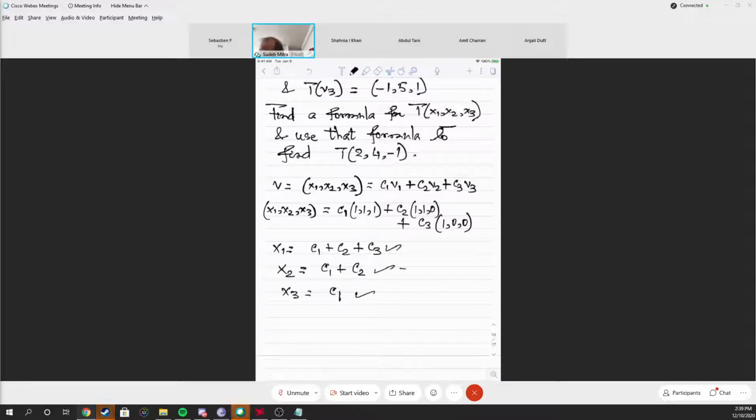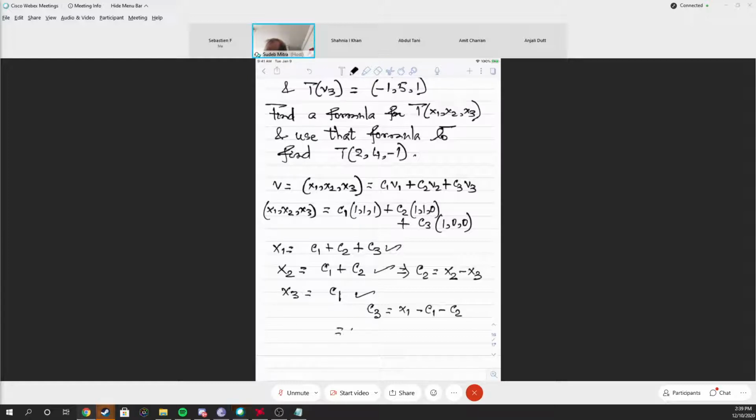Okay, so from here, C2 is x2 minus C1, and C1 is x3. So C1 and C2 I got. C3 is x1 minus C1 minus C2.